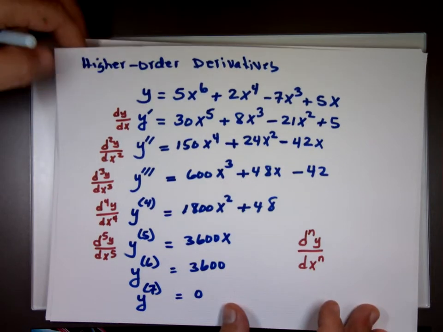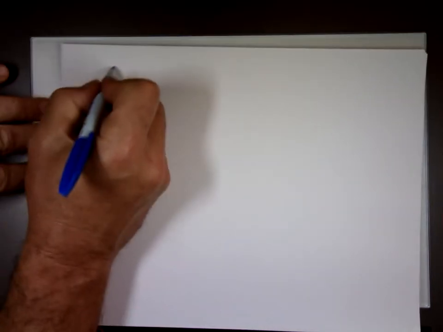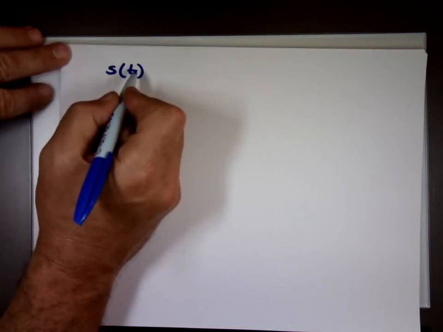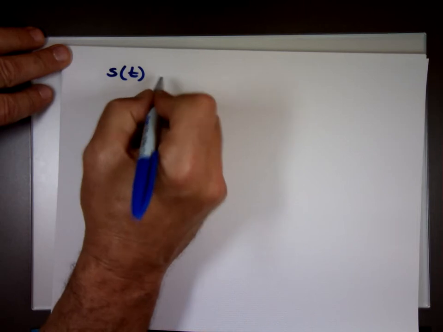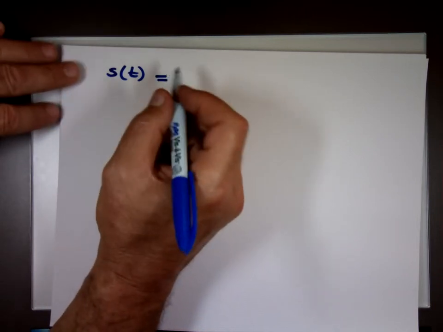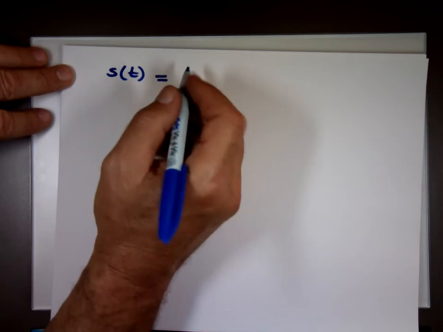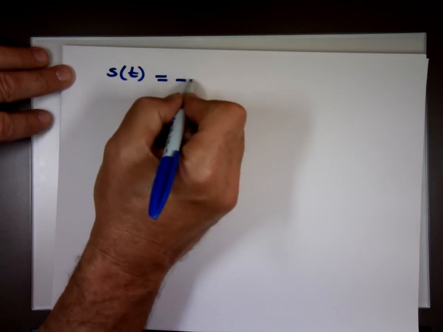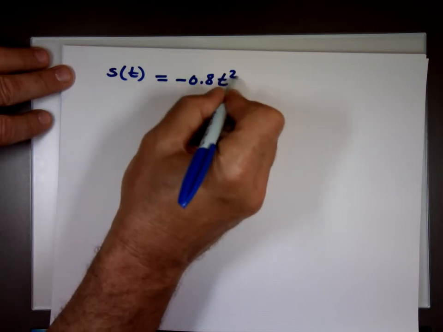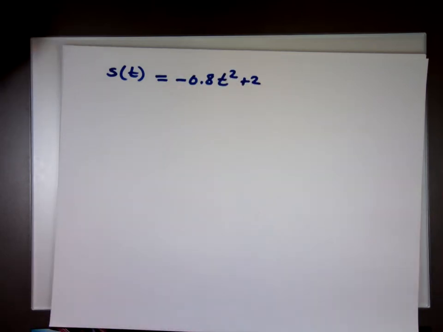So if I gave you the distance or the height of an object, s is the height of a ball here. And the ball is falling down to the ground, but maybe it's not on the ground, maybe on the moon or somewhere, because gravity is different there. Negative 0.8t squared plus 2. That could be the moon.